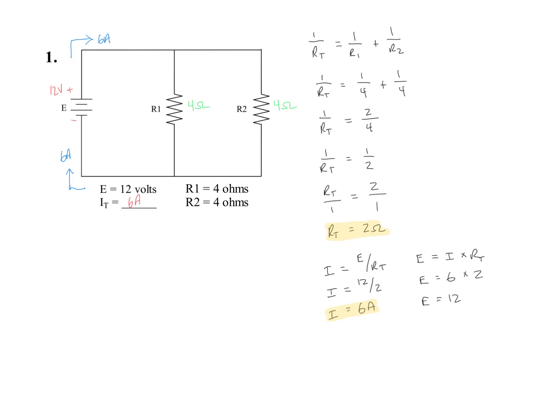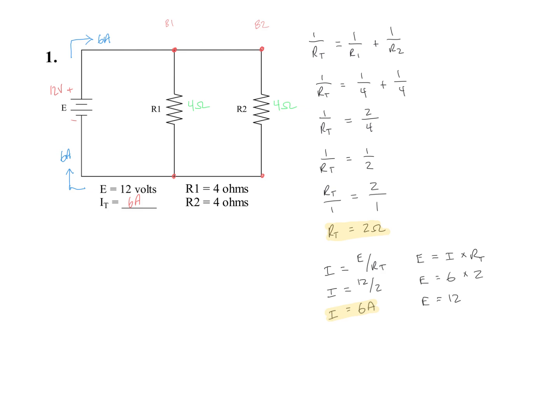So that's good. Now, the other thing that we might want to do, looking at the circuit, is determine at this point and at this point how much current is going down each one of these branches. So I like to label. I'm going to put B1 for branch 1 and then branch 2 here.